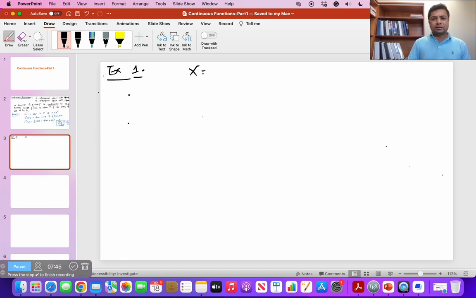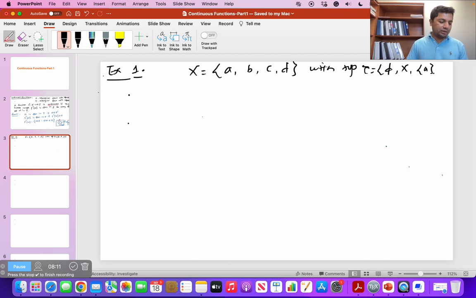Let's say I have this topological space whose elements are A, B, C, and D, with the topology tau whose elements are, obviously, the empty set, the whole set X, the singleton set A, another set A, B, and one more element which is A, B, C. So we have a topological space X with this topology.